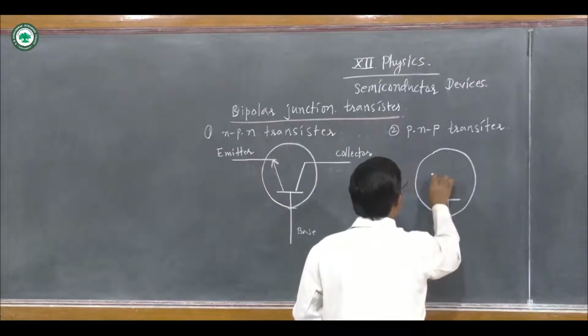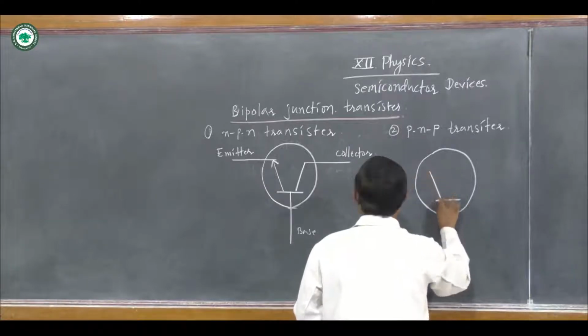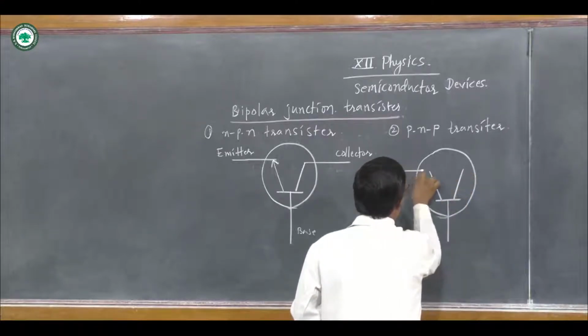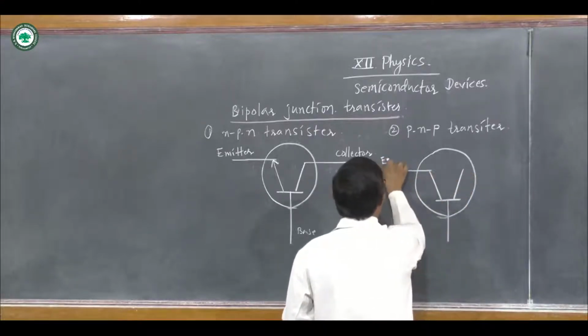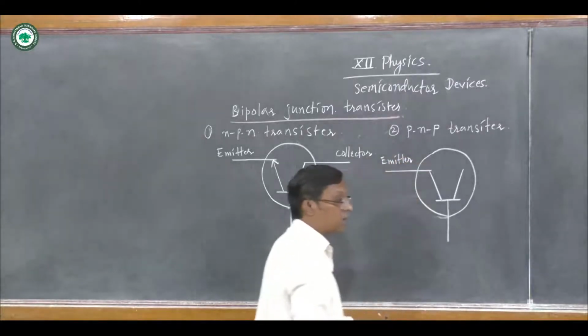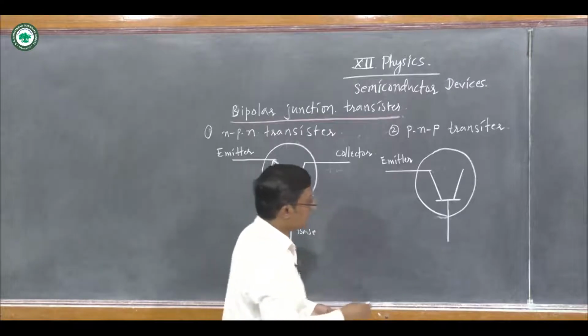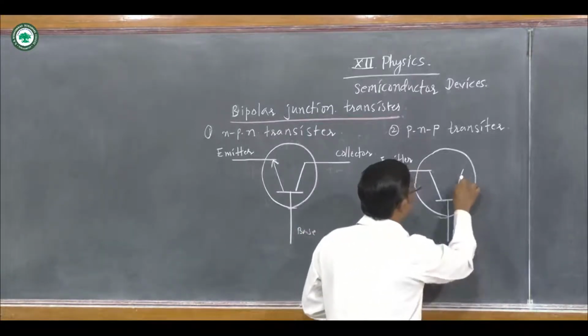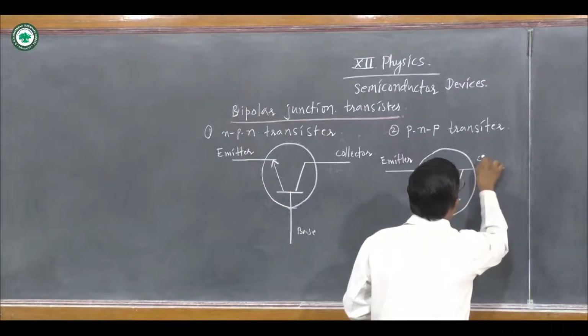Here is the base. This one is the emitter. This terminal is called the emitter. This terminal is the base terminal, and this one is the collector.